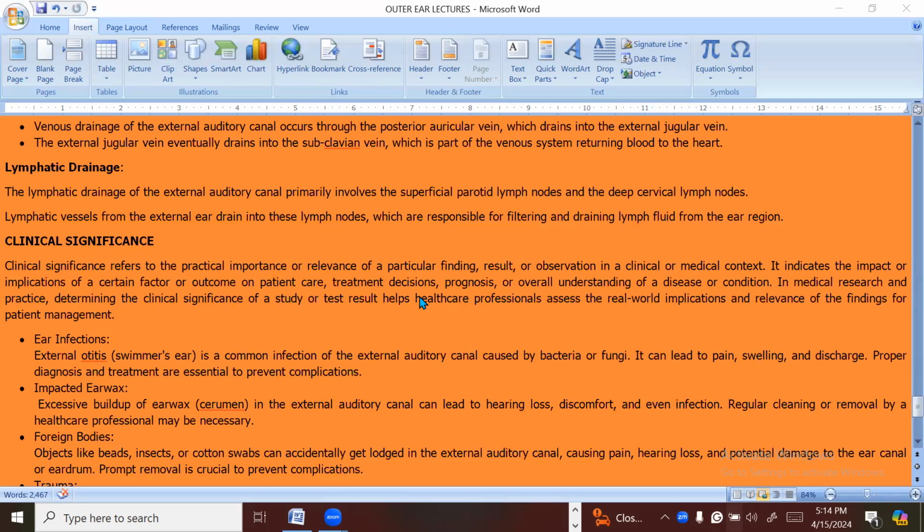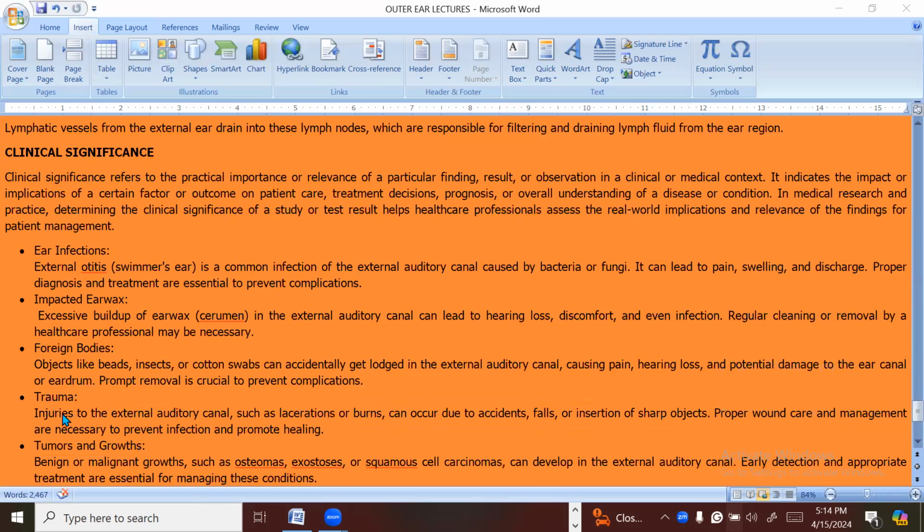You know, ear infection. From the knowledge so far we've gathered, we find out that otitis externa, that is the swimmer's ear, commonly affects the external auditory canal skin, caused by bacteria and fungi, and therefore can lead to pain, swelling, discharge.